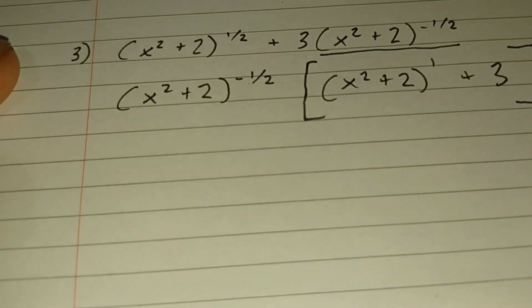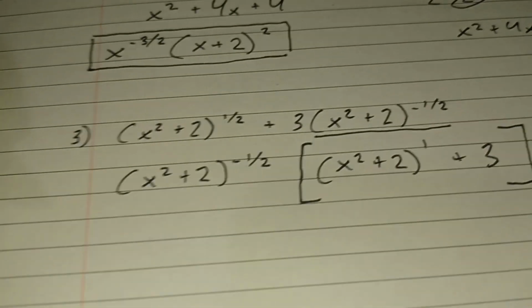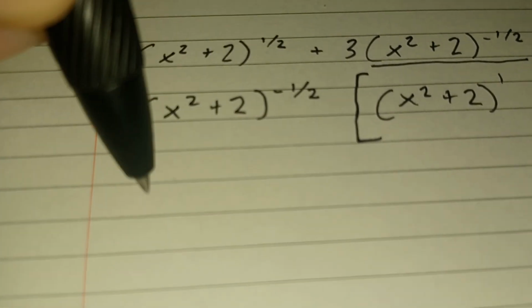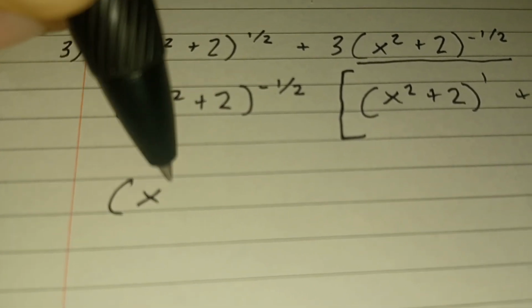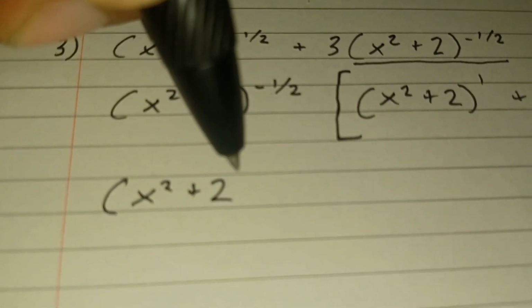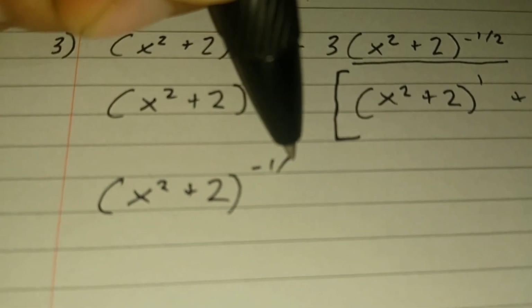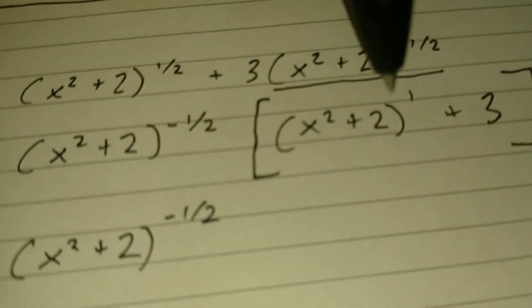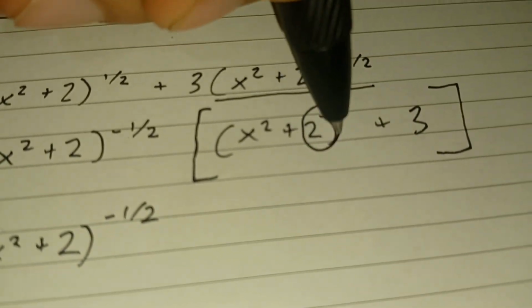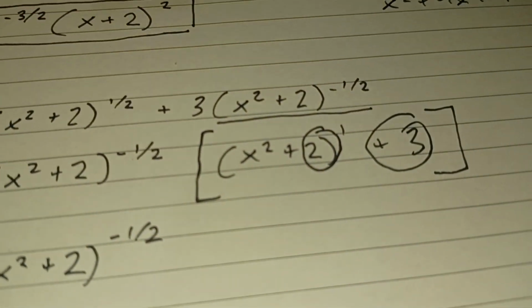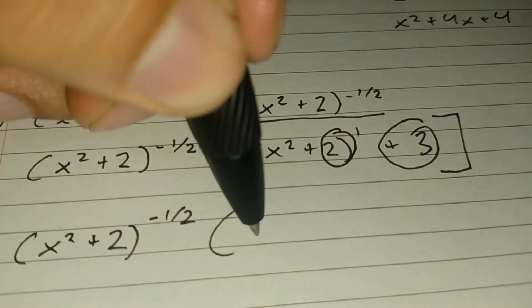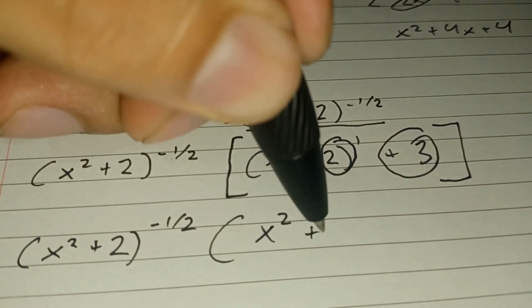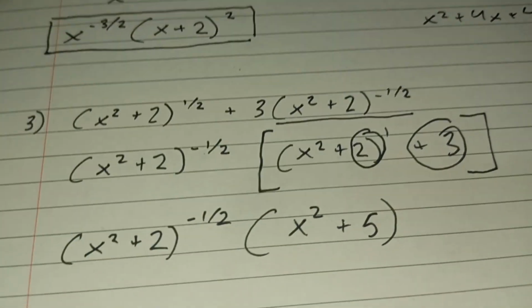So now we can rewrite this as x squared plus 2 to the negative 1/2 power. And we can basically combine these. There's a positive 2 and a positive 3. We can combine them to get x squared plus 5.